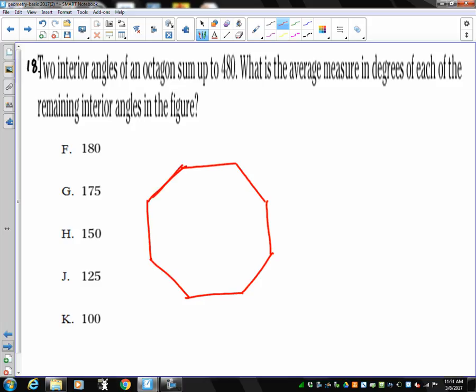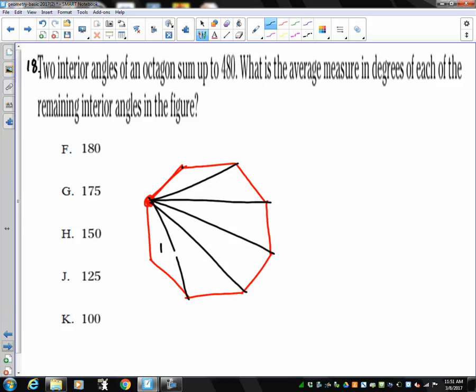Now I'm going to take one vertex right there, and see how many triangles I have so I can get the sum of the interior angles. Let's draw it to each one of the vertices. I can't draw it to that one, but we can draw it to this one, and this one, and this one, and this one, and this one. If I count my triangles, I'm going to have 1, 2, 3, 4, 5, 6 triangles.